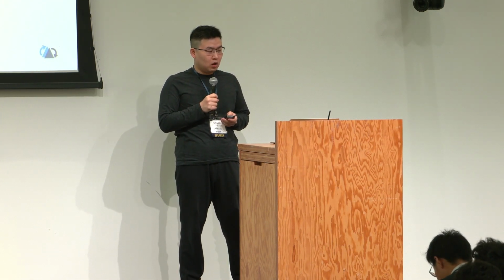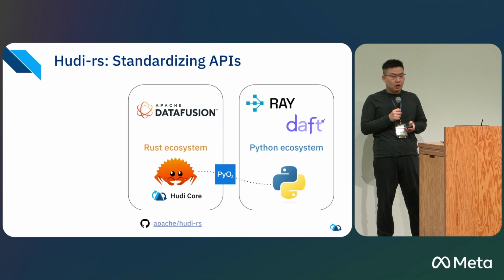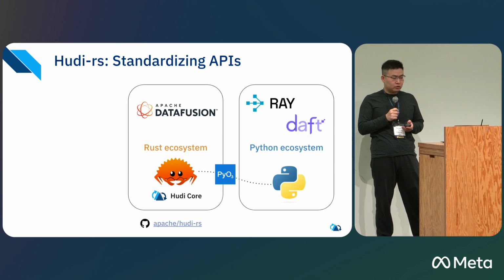At its foundation, Hudi-rs has a Hudi core component that encapsulates the core models and the logic required to interact with Hudi tables. Building on top of this Rust core, we've developed Python API bindings to tap into the vast Python ecosystem, enabling integrations with frameworks like Ray Data and Daft.